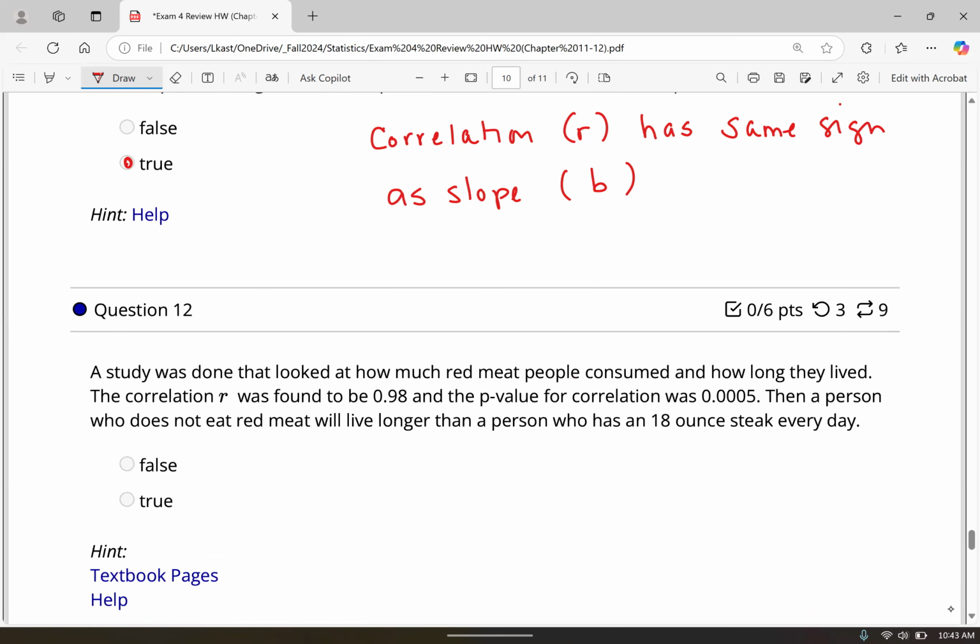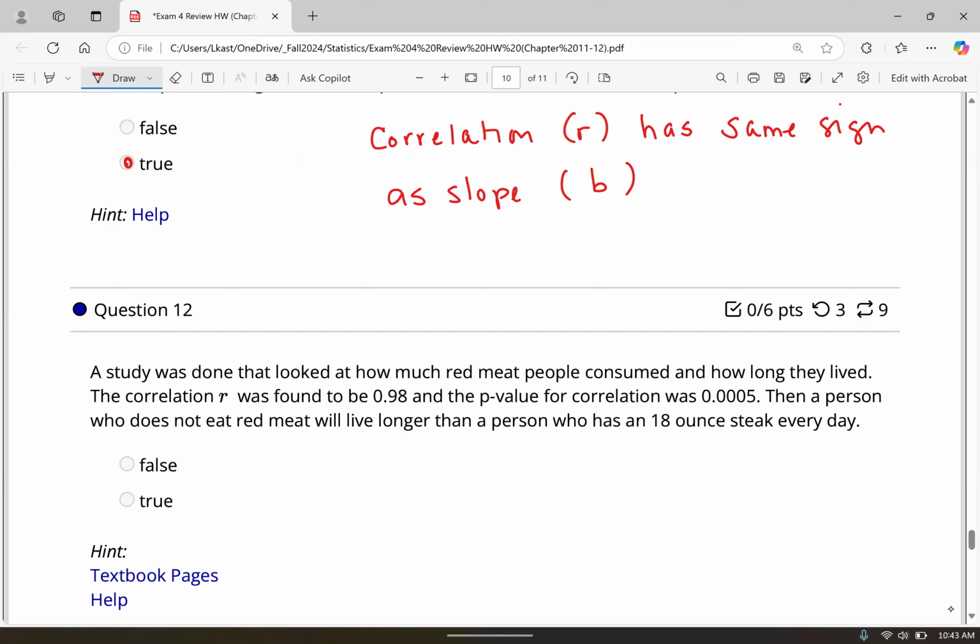This is a problem that indicates that correlation does not mean causation. So a study was done that looked at how much red meat people consumed and how long they lived. The correlation R was found to be 0.98. So there is a strong correlation between how much red meat you eat and how long you live. If it's positive, that kind of means that the more red meat you eat, the longer you live.